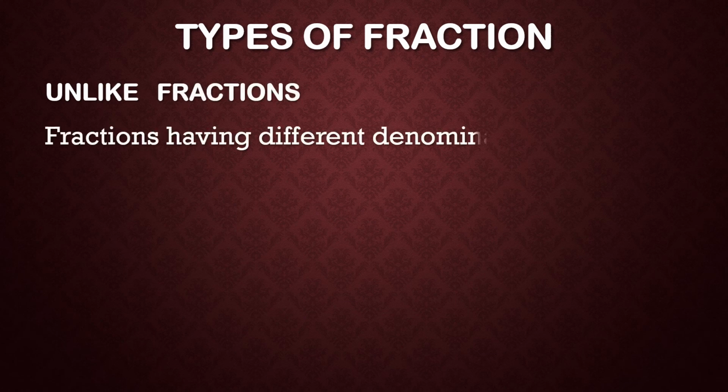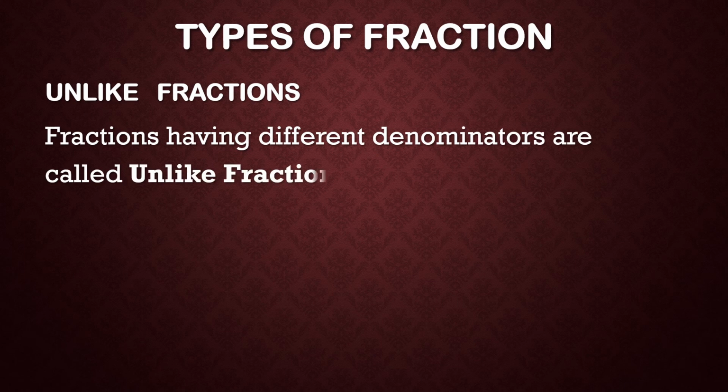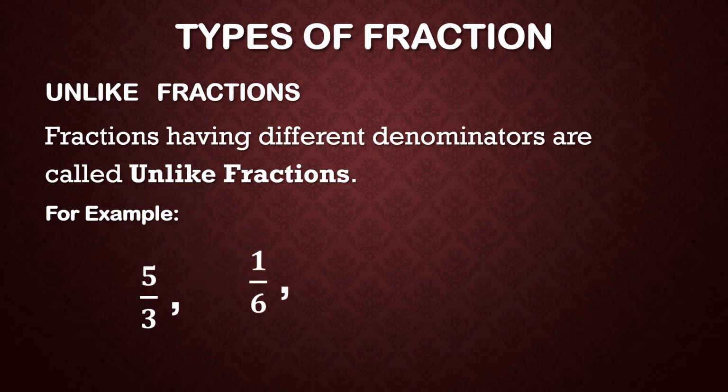Fractions having different denominators are called unlike fractions. Examples of unlike fractions are 5 upon 3, 1 upon 6, 2 upon 7 and 7 upon 9. See, in these examples the denominators are different, so they all are examples of unlike fractions.